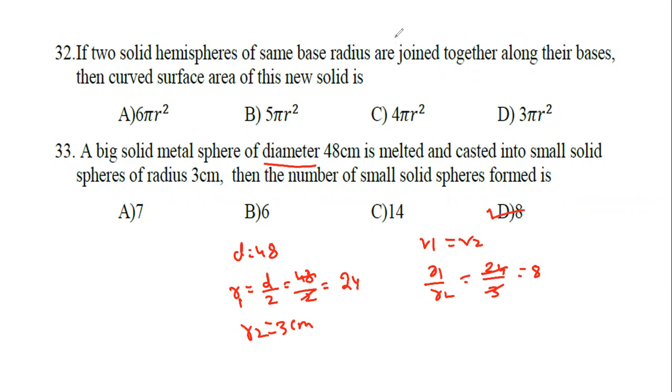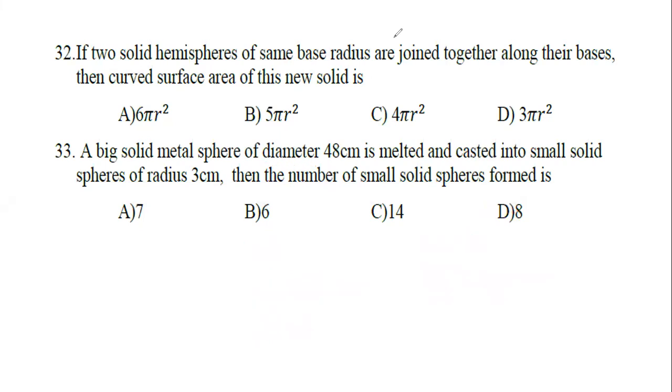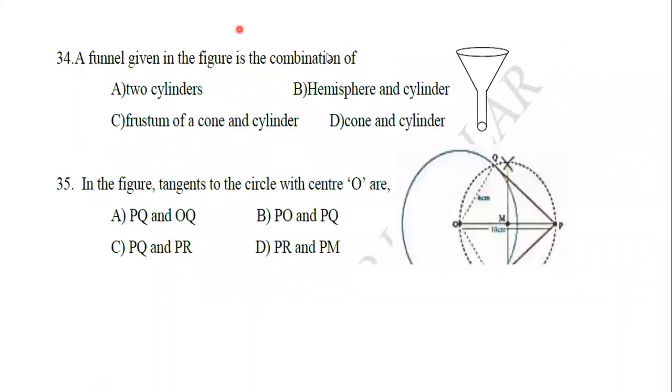Next, 34th question. A funnel given in the figure is a combination of a cylinder and a frustum of the cone.